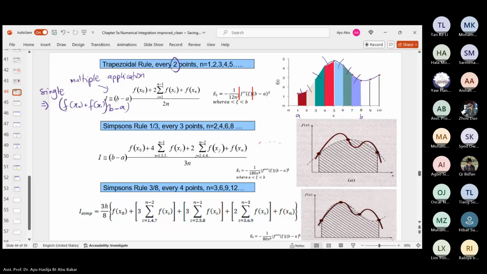Yes, correct, over 2. So this is for single application: the distance a to b times f(x0) plus f(x1) over 2, or f(a) plus f(b) over 2. That one is only for single. Divide by 2 is always trapezoid. Just now Yongxing shared the equation. Thank you.